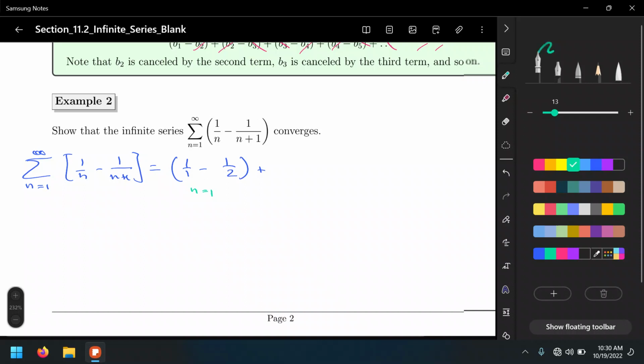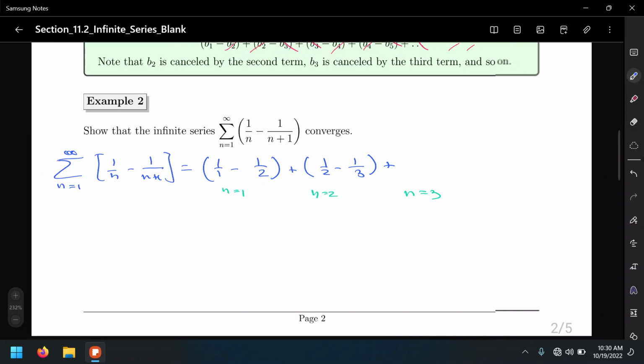Plus, for n equals 2, 1 over 2 minus 1 over 2 plus 1, which is 3. Plus, for n equals 3, 1 over 3 minus 1 over 3 plus 1, which is 4.